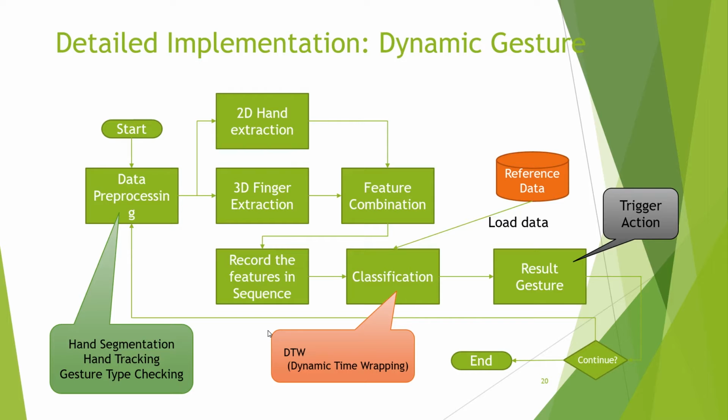Each dynamic gesture is performed in about 1 second, and a normal frame rate is 30 frames per second, so we set it to record 30 frames. After the 30 frames are recorded, we do the classification using dynamic time warping for one sequence.